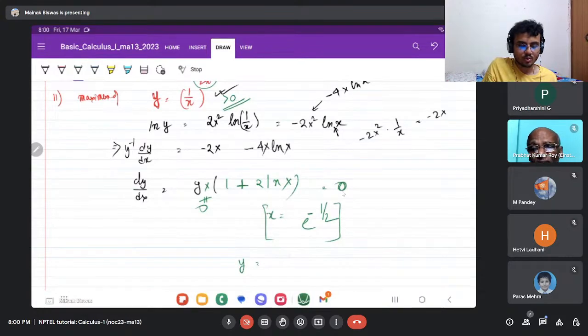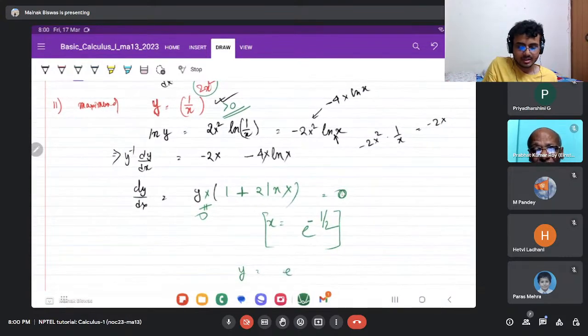So you can get y as 1 by root e to the power 2 into e square, right? So 1 by e square.